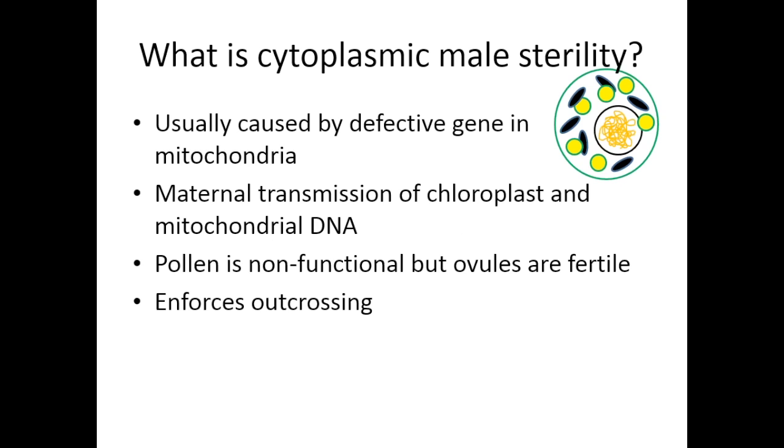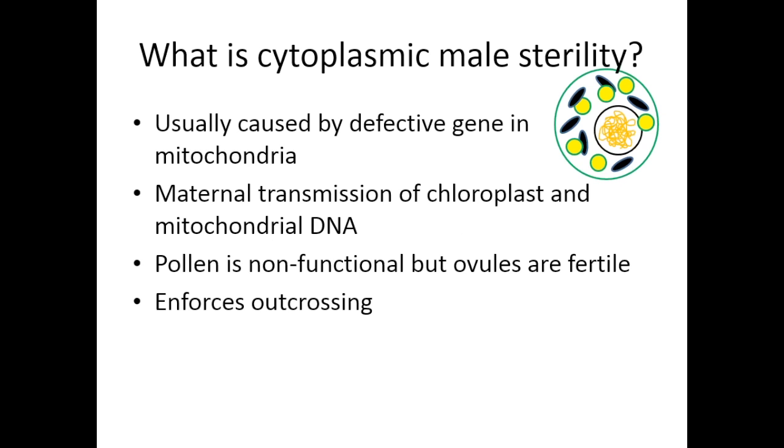Part of the machinery for the chloroplast and mitochondria is encoded in the nuclear genome, and if there's an incompatibility between the two, then that can lead to this type of sterility. As I mentioned before, the maternal transmission of those is pretty much a given. And then the pollen is non-functional, or the anthers may be completely lacking.